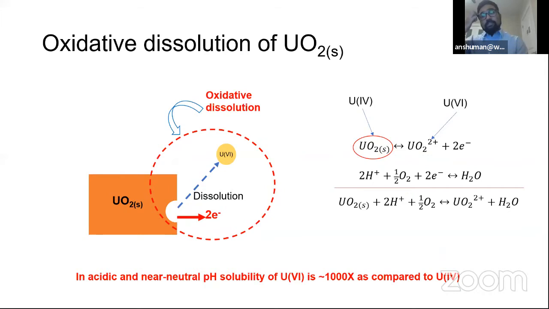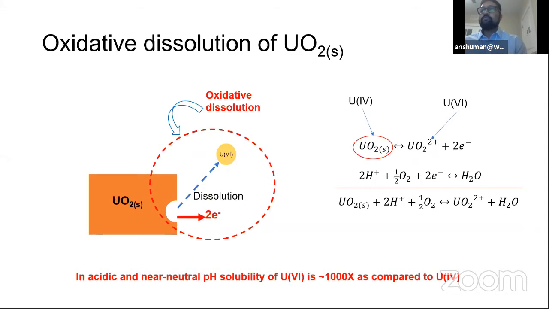So this is what we know about uranium oxide. The oxidative dissolution of uranium oxide leads to production of uranyl ion or its aqueous complexes in water, which is uranium 6. Uranium oxide is uranium 4, the +4 oxidation state.